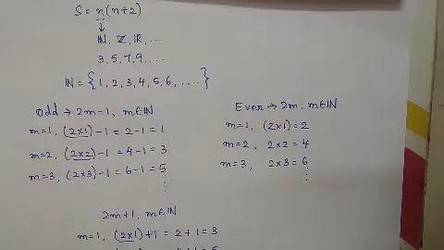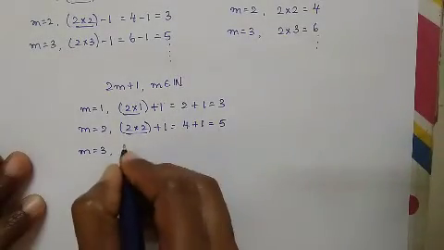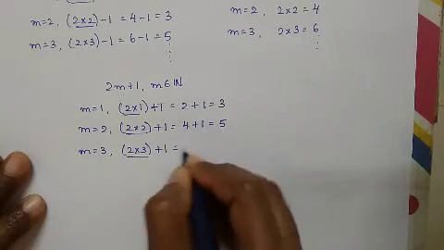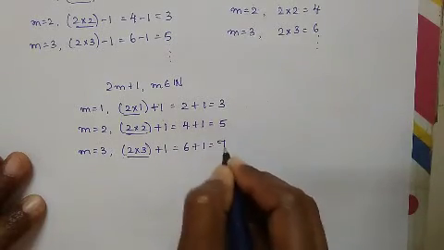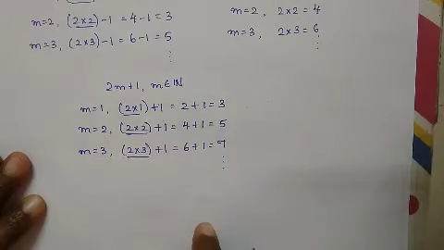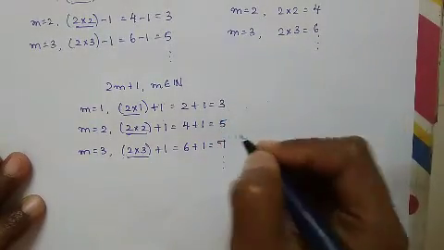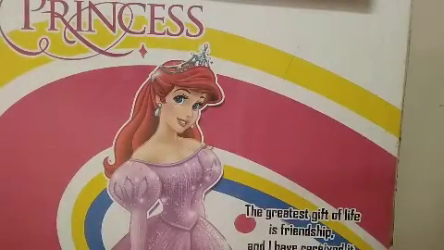When m is equal to 3, 2 into 3 plus 1 is equal to 6 plus 1, 7 and so on. I will get all the odd numbers starting from 3. So now coming to the solution.